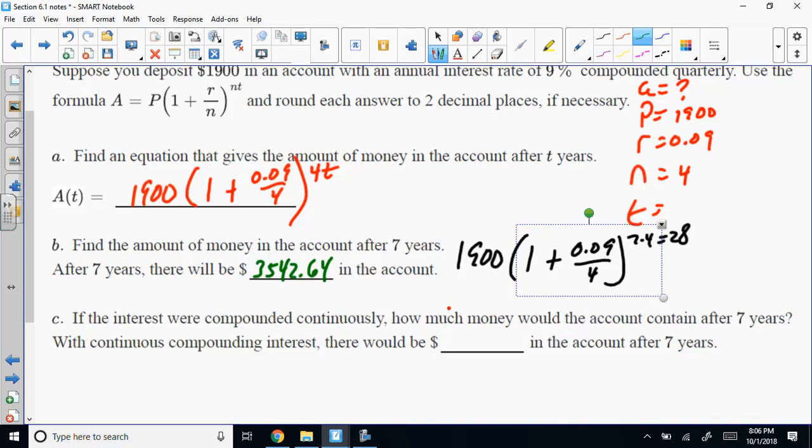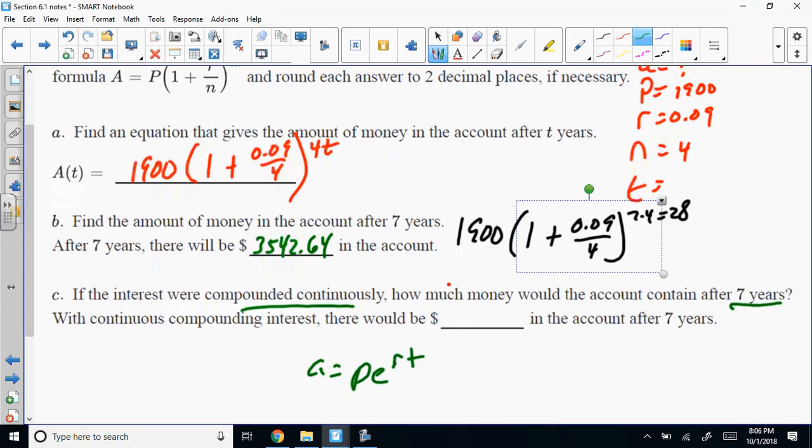And if the interest were compounded continuously, how much money would be there after 7 years? So that one would be A equals PERT, right? So that would be $1,900 e to the power, right.